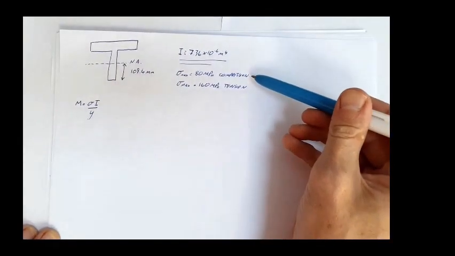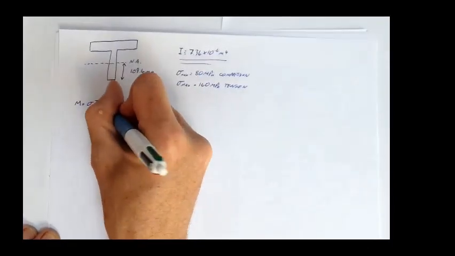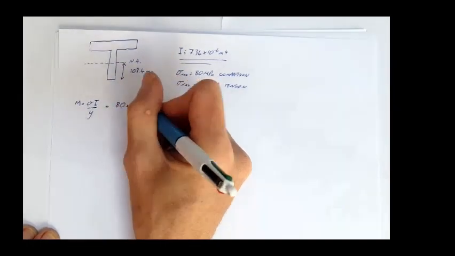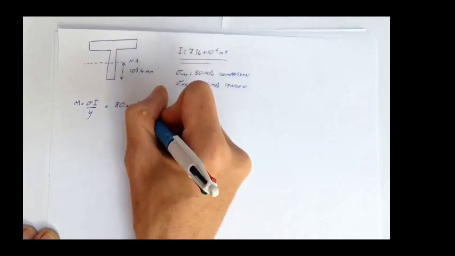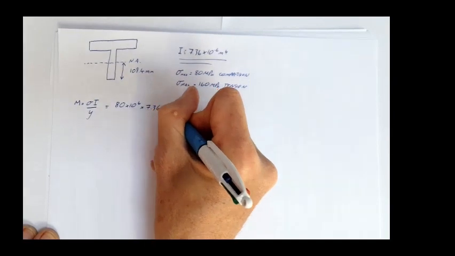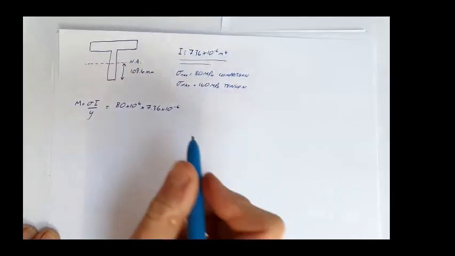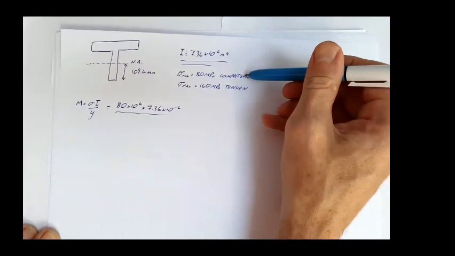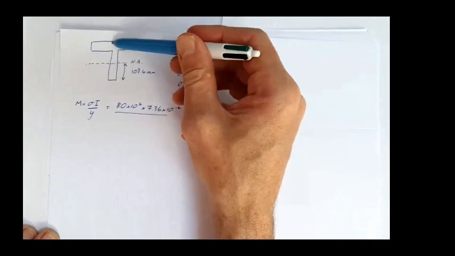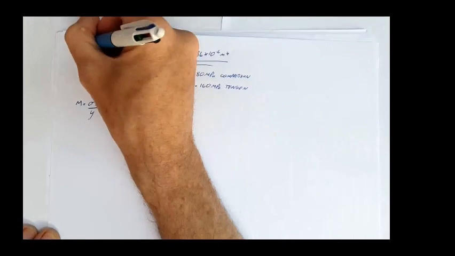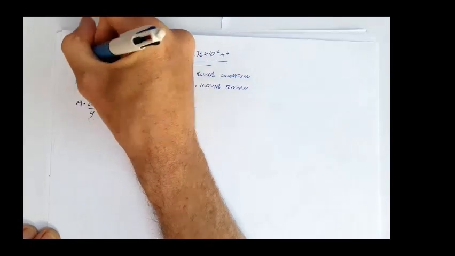So in this first case, my stress is 80 megapascals, so that's 80 times 10 to the 6. And I, which is calculated as 7.36 times 10 to the minus 6. Now, in compression, the compressive stress is going to be on the top surface. This thing is 150 millimeters overall height.